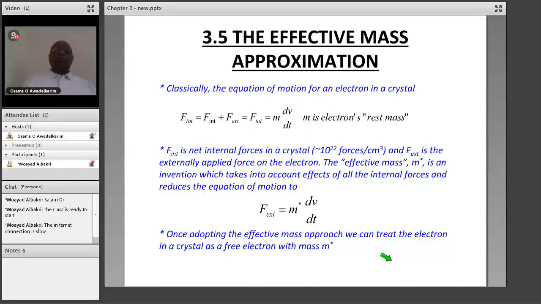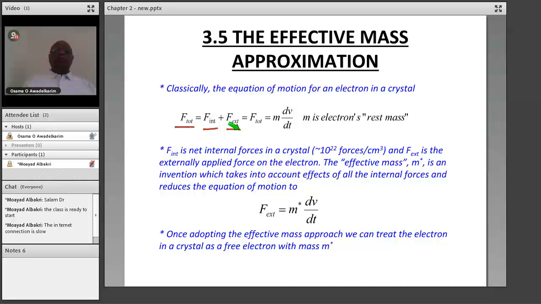But we have to take into account all these forces, external forces and internal forces coming from a huge number of electrons and a huge number of cores. So let us say that a total force, F, on an electron in a solid, realistically, comes from two parts. An internal force, F internal, and an external force, F external.